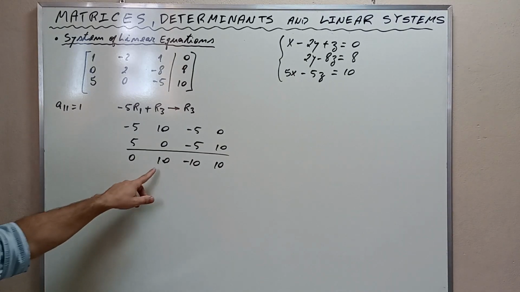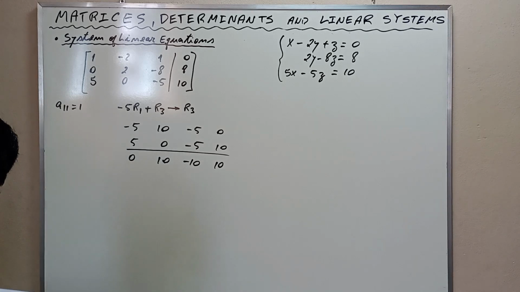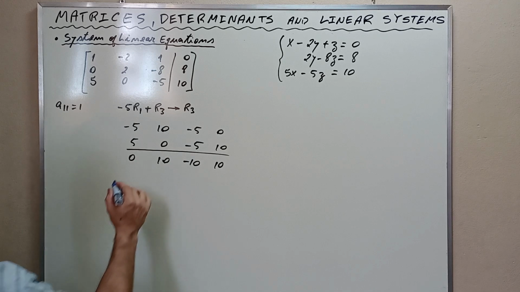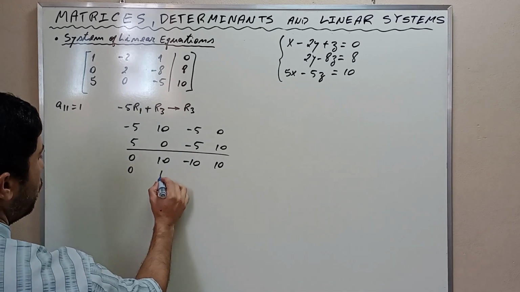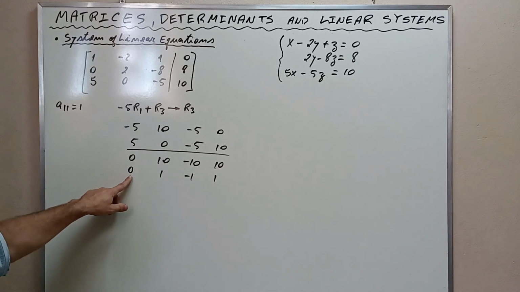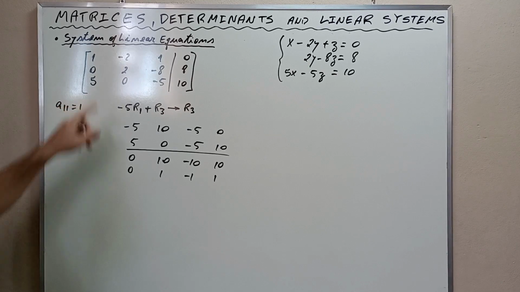We can make it simpler by dividing by 10. We are going to divide this by 10, and then we get 0, 1, negative 1, and 1. And we simply substitute this here in row 3.